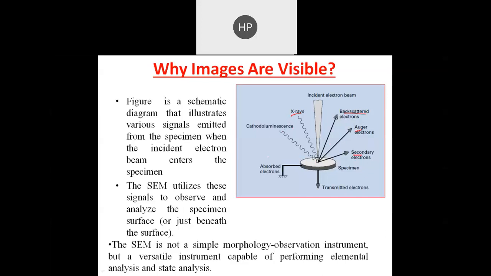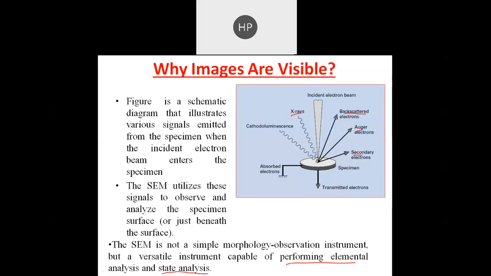The SEM is not a simple morphology observation instrument, but a versatile instrument capable of performing element analysis and state analysis. This is why SEM analyses are very important nowadays to understand the phenomena of the specimen.